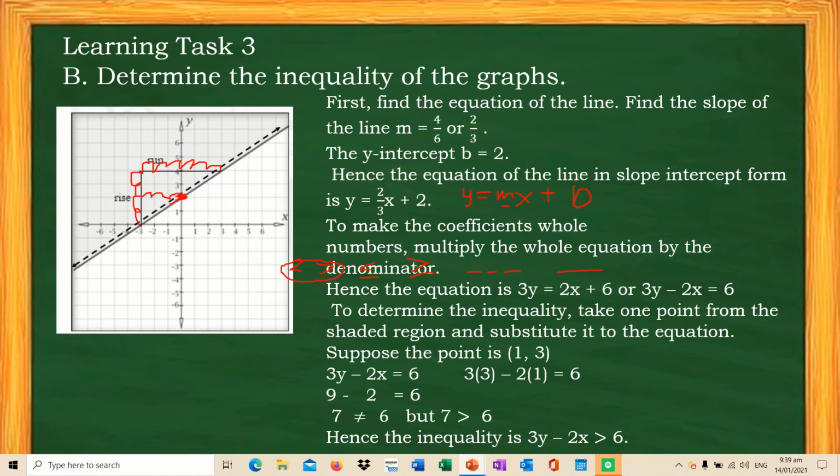So, ating slope is 2/3. So, 2/3 x. At ang ating y-intercept is 2. So, plus 2. So, to make the coefficients whole numbers, kasi ito ay fraction, mahirapan kayo pag-fraction. So, multiply the whole equation by the denominator of this fraction. So, the denominator is 3. So, multiply natin by 3.